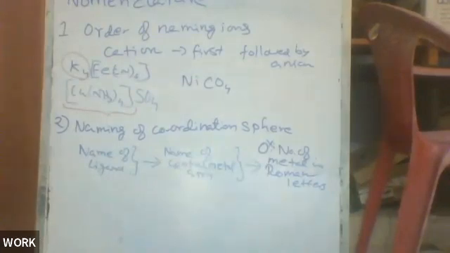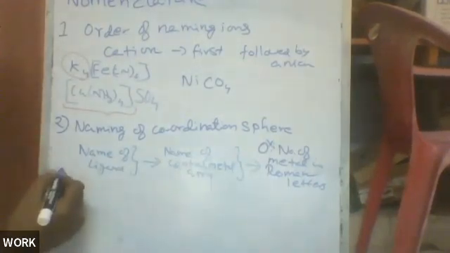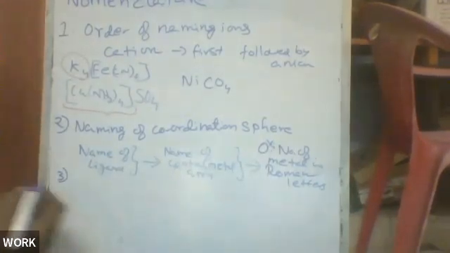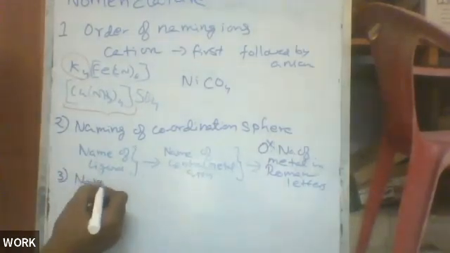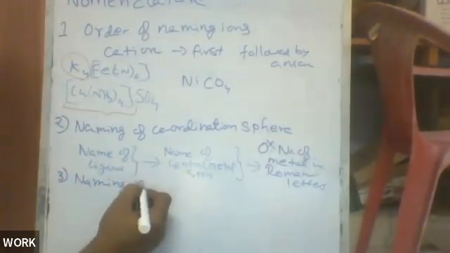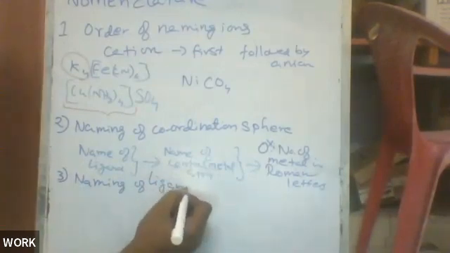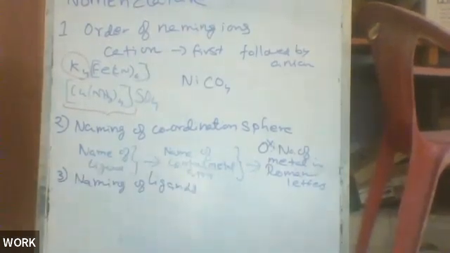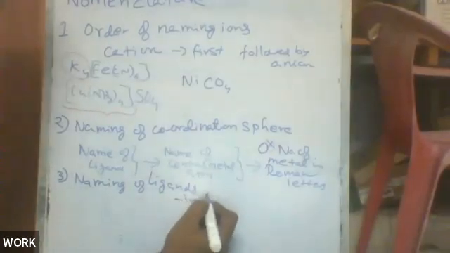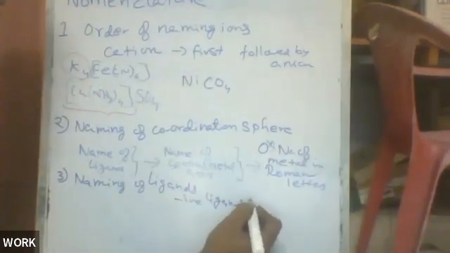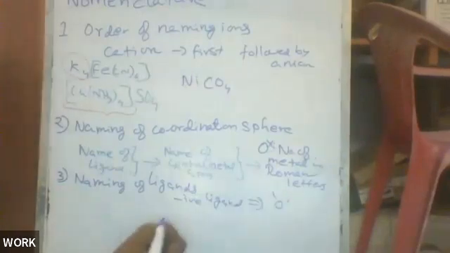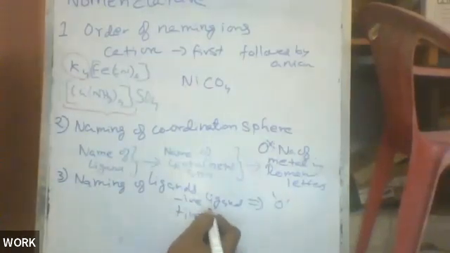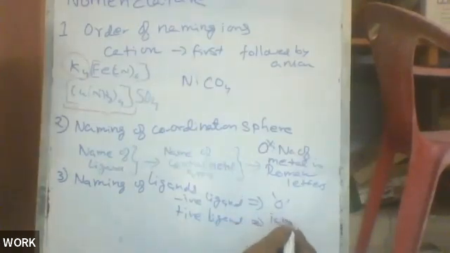And the third, naming of ligands. That's what we discussed earlier. When a ligand is negatively charged, the name has to end with O. If it's a positive ligand, it has to end with IUM.